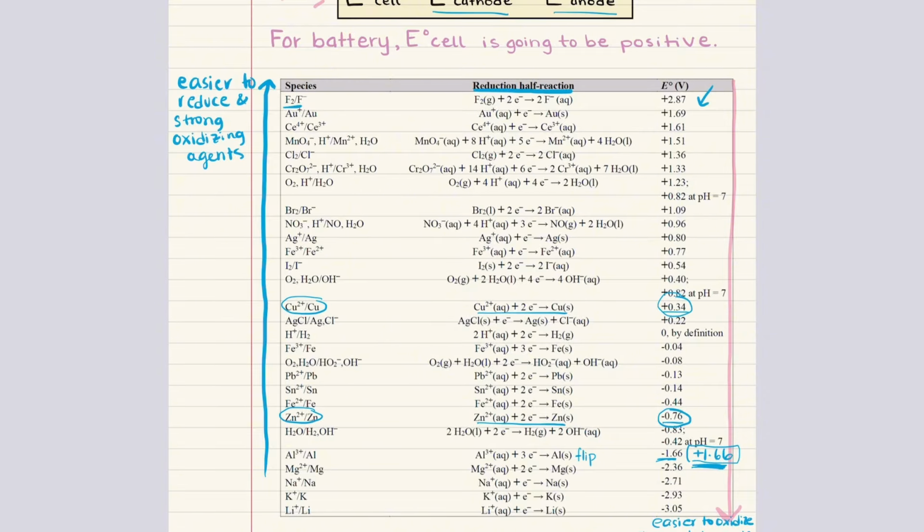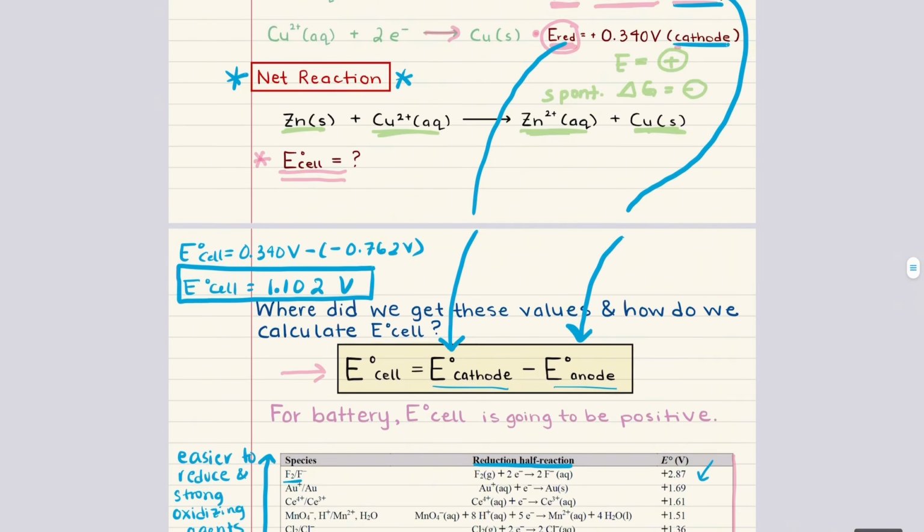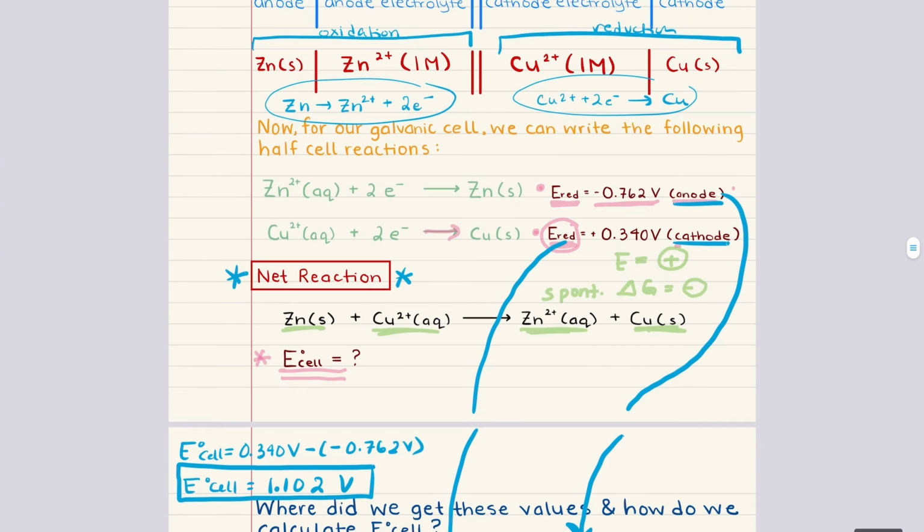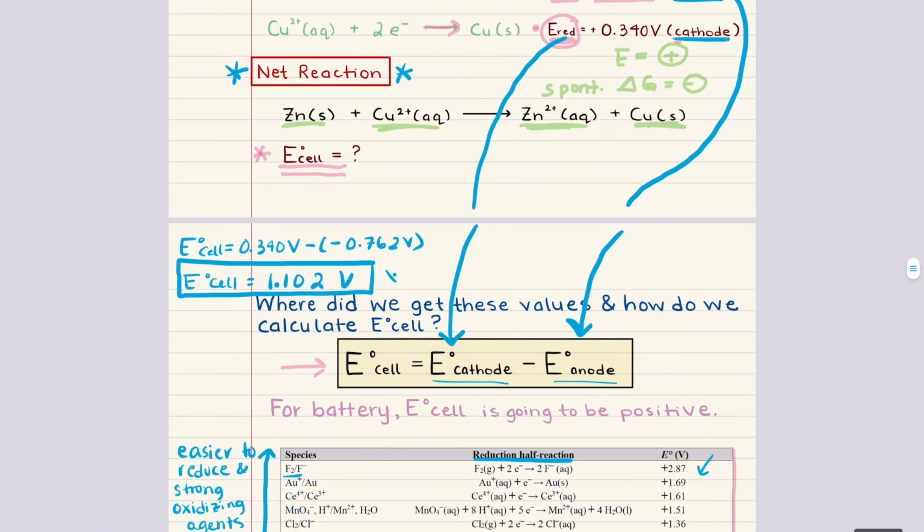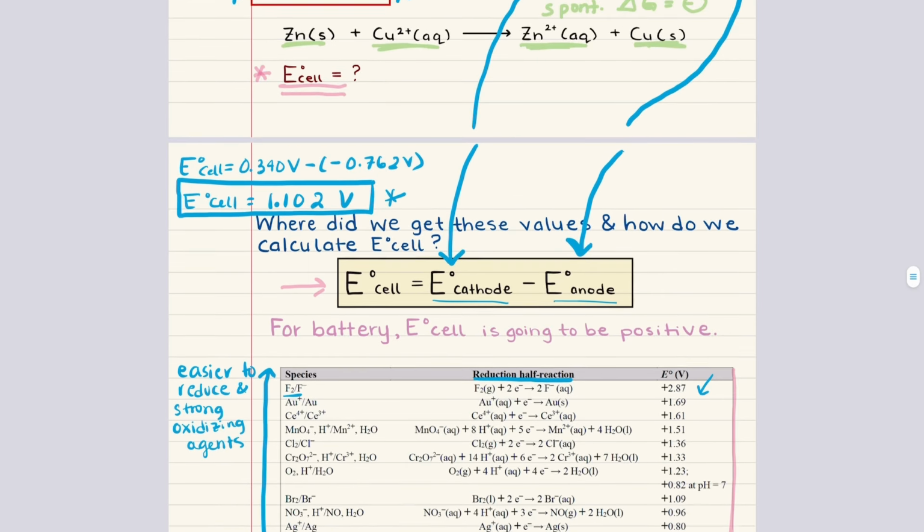And when these 2 half cells are connected, the electron flow naturally proceeds from zinc metal to the copper 2 plus solution, and the result is a voltage of 1.102 volts. That voltage represents the maximum possible work per unit charge the cell can deliver under standard conditions.